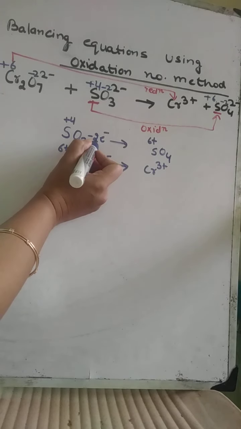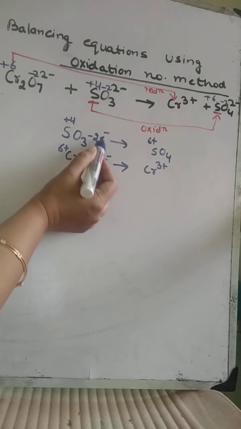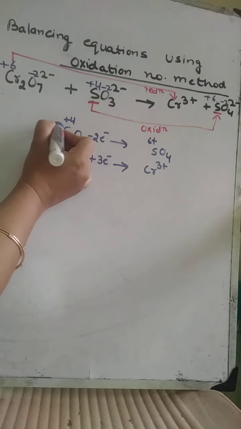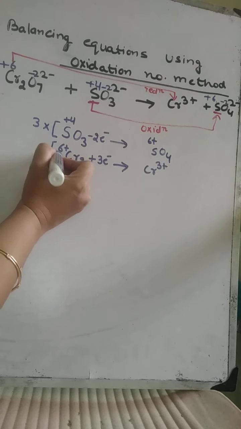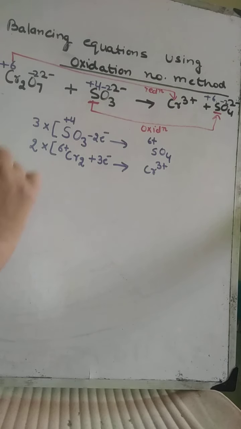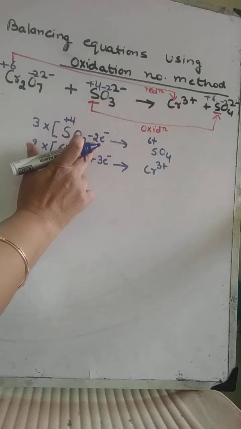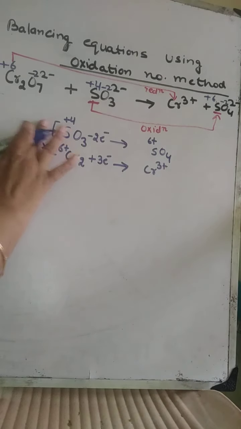What we are supposed to do, we don't require electrons in the final equation. So to cancel these, I must multiply this equation with 3 and this equation with 2. When I do that, here I will get 6 electrons and here also I will get 6 electrons.